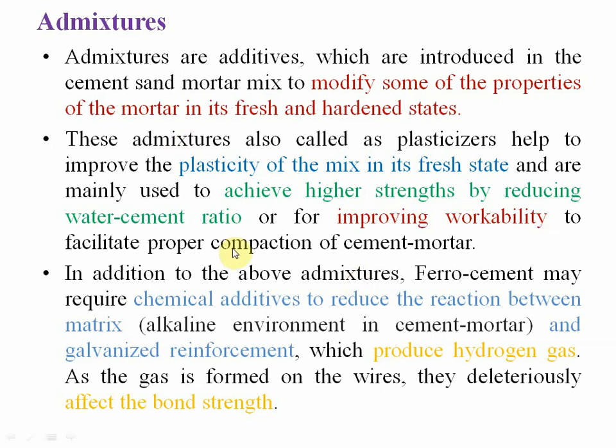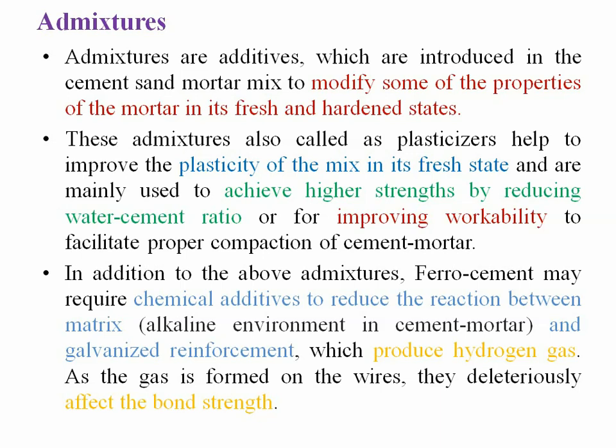You can also use them for improving workability for proper compaction of cement mortar. So you can use these admixtures to improve the plasticity of the mix in the fresh state, to achieve higher strength, and to improve workability.